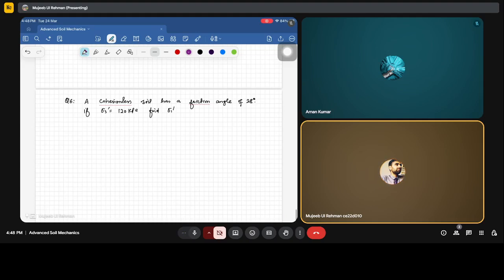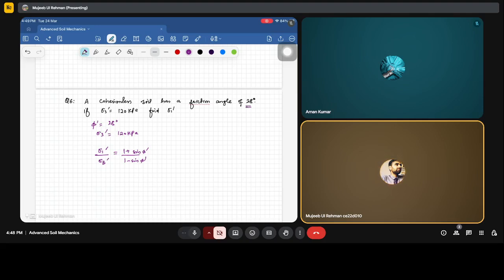Now the last question. If a cohesionless soil has a friction angle phi dash of 28 degrees, and the effective lateral stress, or effective minor principal stress, is 120 kPa, you have to find the effective vertical stress, or effective major principal stress. From the stress obliquity equation, sigma 1 dash divided by sigma 3 dash is equal to (1 plus sine phi dash) divided by (1 minus sine phi dash).